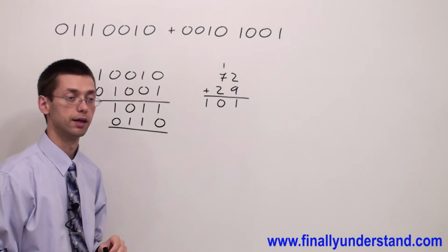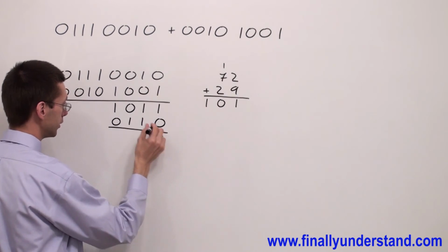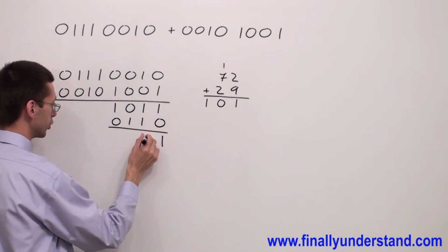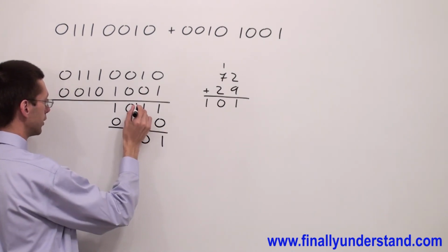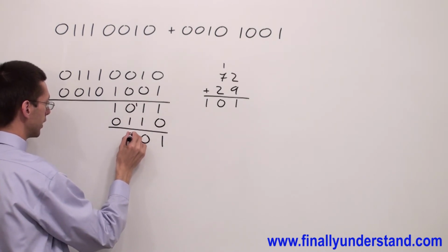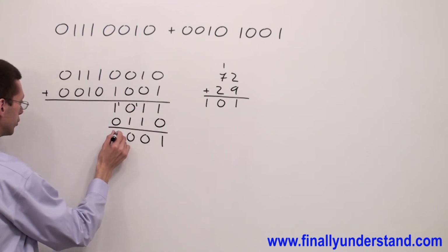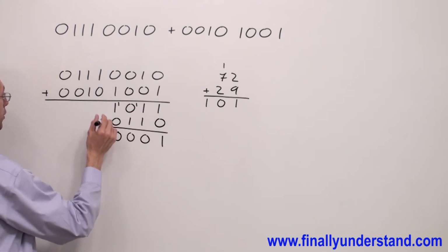which is greater than 9. So 1 plus 0 is equal to 1, 1 plus 1 is equal to 2, carry of 1, 1 plus 1 is 2, and carry of 1, 1 plus 1 is 2, 0, and carry of 1.